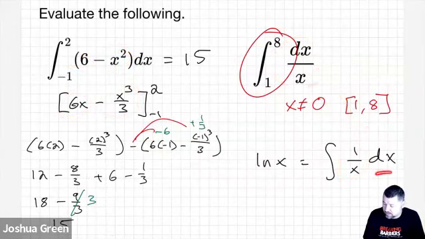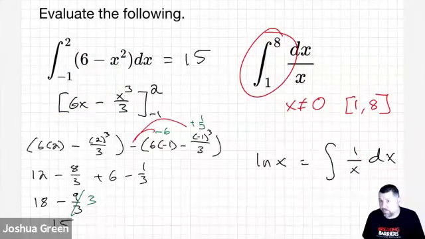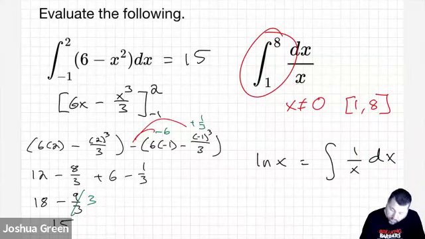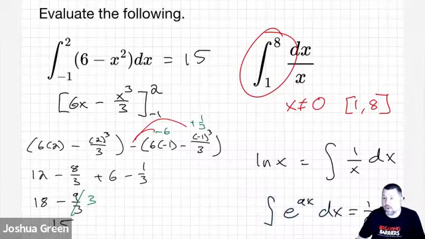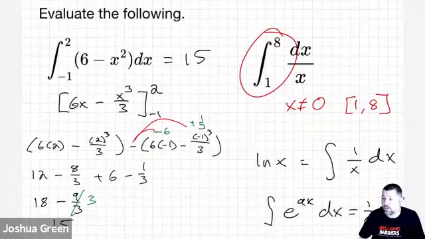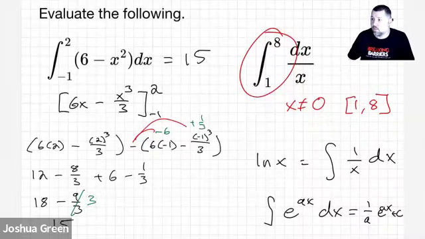Just slide the dx to the outside and put a 1 up here. The other one to watch for that we have talked about is the integral of e to the ax dx equals 1 over a times e to the ax, not e to the x plus c. Those are some rules we want to be watchful for.